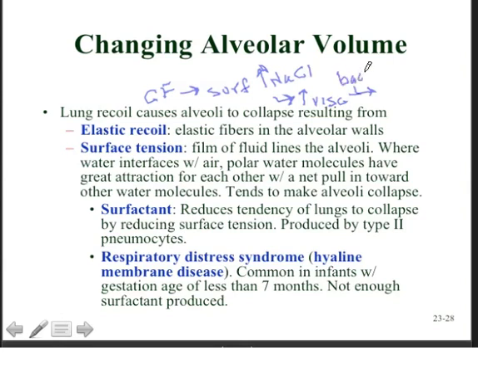Bacteria start to grow in it, and as the bacteria grow and die, they release DNA. The DNA causes a further increase in viscosity, and this becomes a nightmare because it gets very difficult for you to get a good breath of air because the lungs are basically coated in glop.